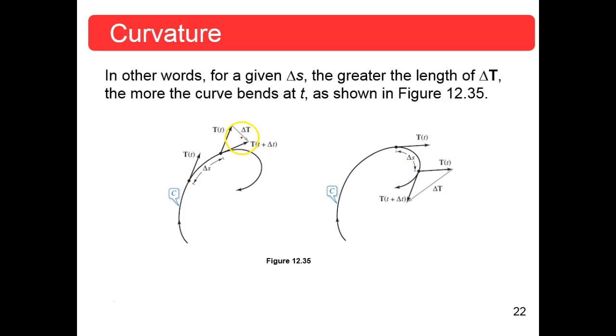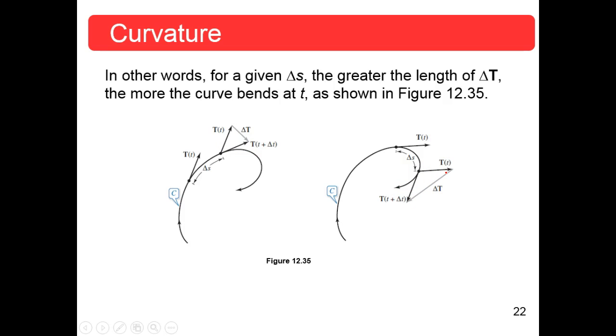So that's your delta T. And when the curvature is fairly sharp, and this is not, that's a fairly reasonable delta T. But when the curvature is even sharper, like in this region, where there's your original T of t, there's your T of t moved down to this point, t plus delta t later, in other words delta s later, and there's your new T of t plus delta t, the change of unit tangent vector is much bigger than it was here.